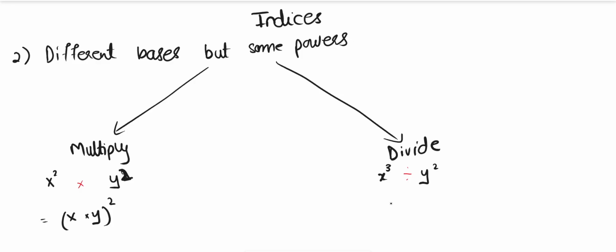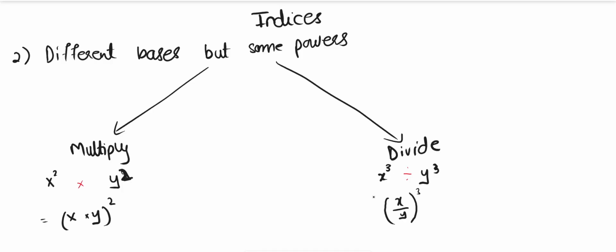And just like that, this can also be written as, my apologies, I just wrote 3 here. It should be 2. It should be 3. I wrote 2 there by mistake because we had different bases and we need to have the same power. So this is going to be written as x divided by y over 3. So do you understand how those two rules are applied very differently?